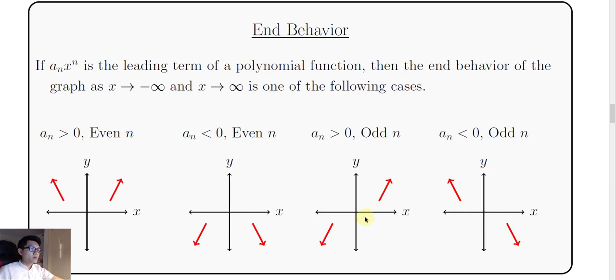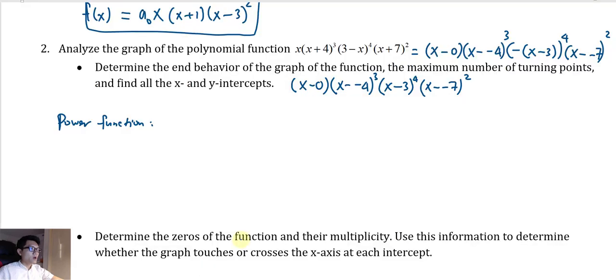So the best way to figure out the end behavior is by finding the leading term, or finding the power function. How do I find a power function? We take the leading term of each factor. So this is x, so I take the x to the first power, right?